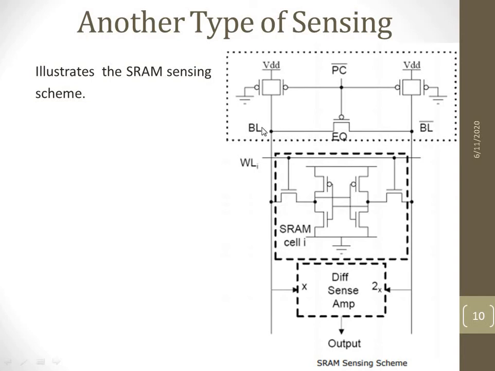When they are equalized properly, we don't need the differential amplifier or sense amplifier to sense it, but if they fail to give equal voltages, then the sense amplifier will act, sense, and pass the output while reading, not while writing.